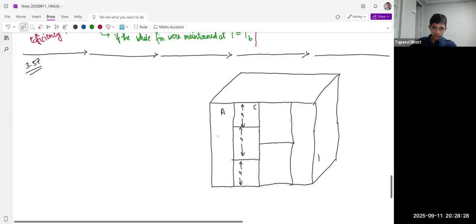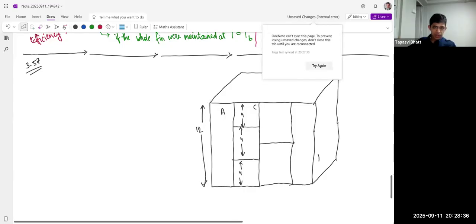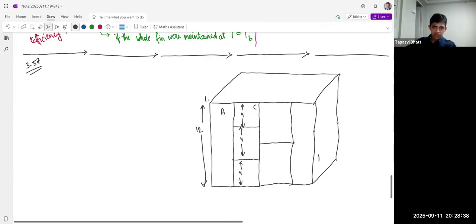This is C. This is also 4. This is 8 meters.